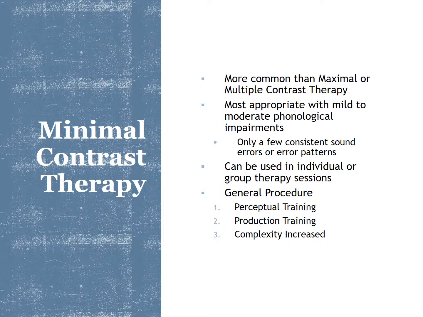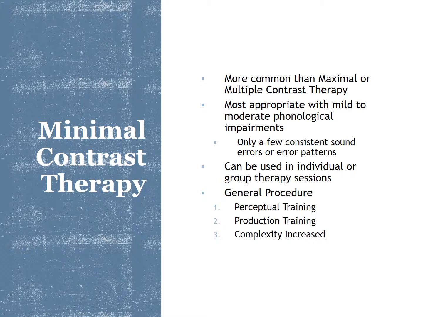Now, this approach is used most appropriately for children who have mild to moderate phonological impairments, and these kiddos typically display a few consistent sound errors or error patterns. This approach can also be used in both group therapy sessions as well as individual therapy sessions.